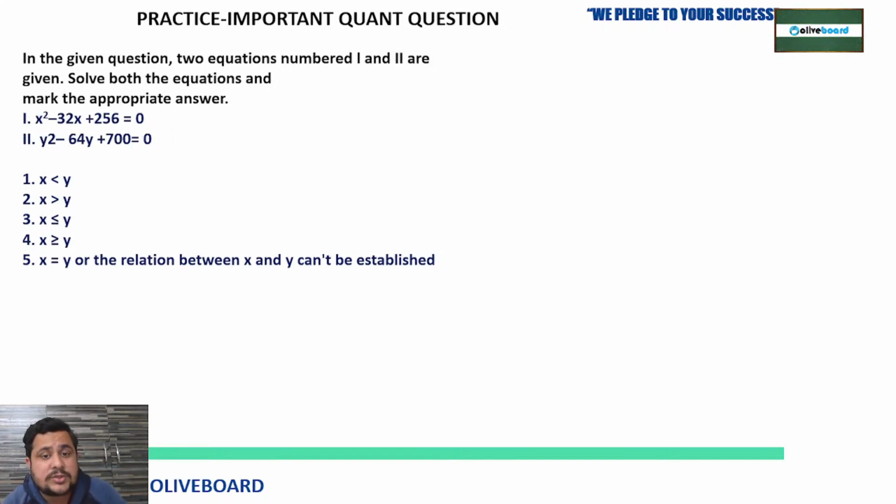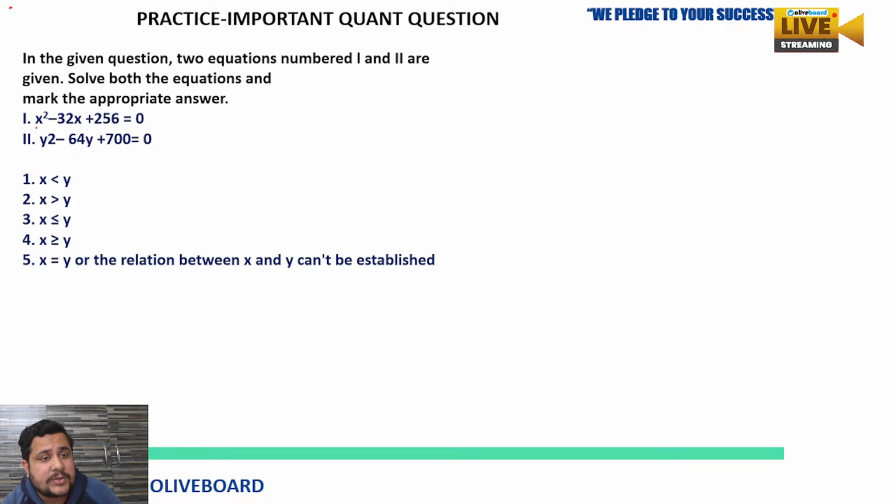So our first question is, in the given equation, two equations numbered 1 and 2 are given, means two quadratic equations. It is based on quadratic equations, and we have to find out the relationship between x and y.